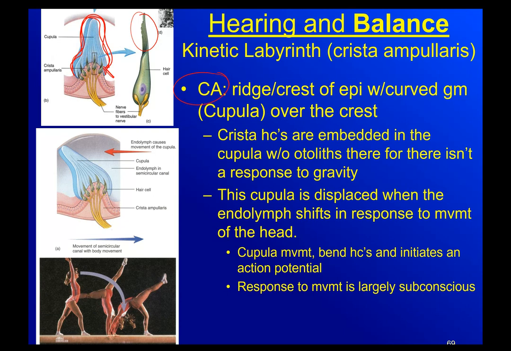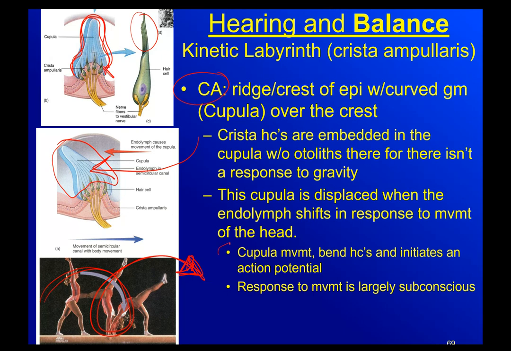The cupola only gets displaced when the fluid inside the ears shifts in response to movement of your head. So if I'm doing a front handspring, when that fluid gets pushed back because I'm going forward like this, that cupola bends because the fluid rushing by it makes it bend.